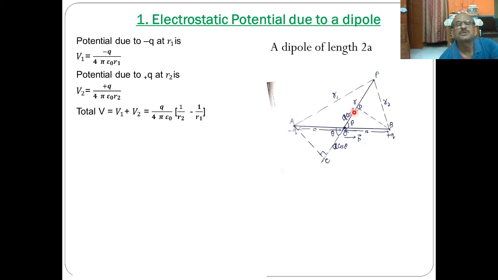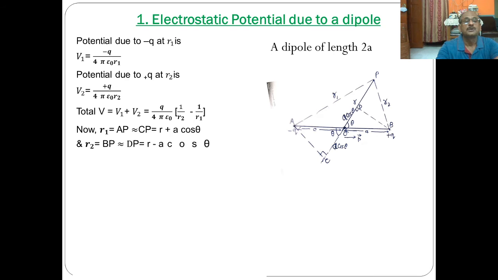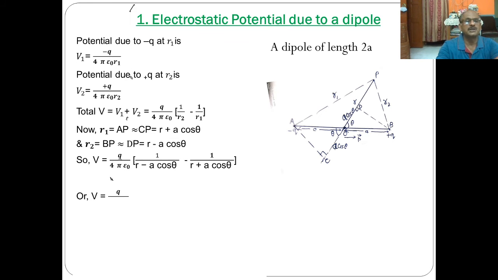So if we substitute these values, we will get V equal to q by 4 pi epsilon naught, 1 by r minus a cos theta minus 1 by r plus a cos theta. And on simplification, this value will be q by 4 pi epsilon naught, 2a cos theta by r square minus a square cos square theta.